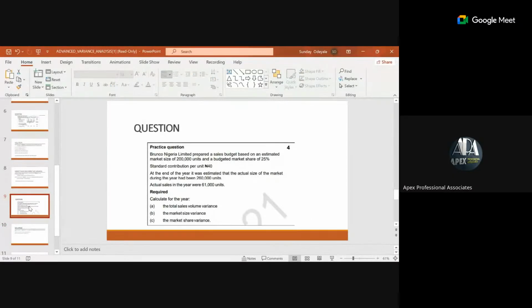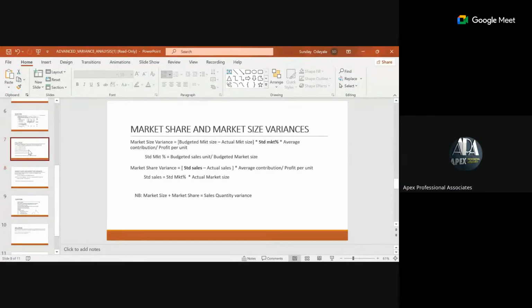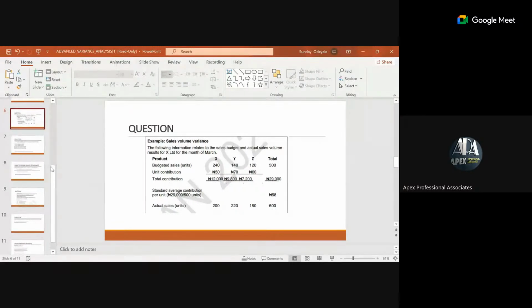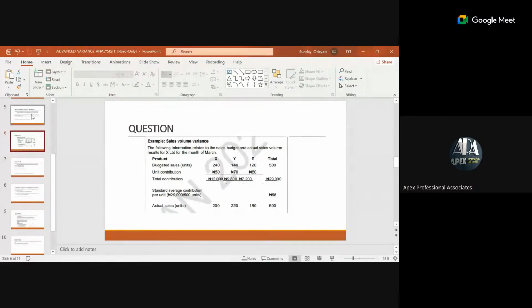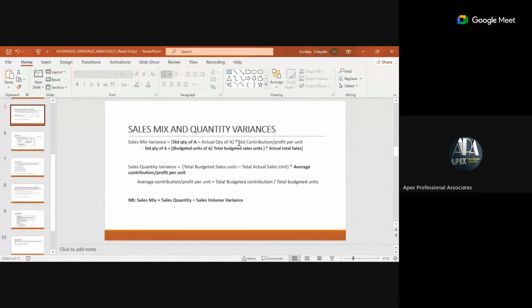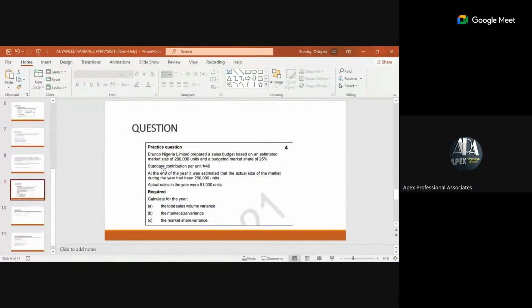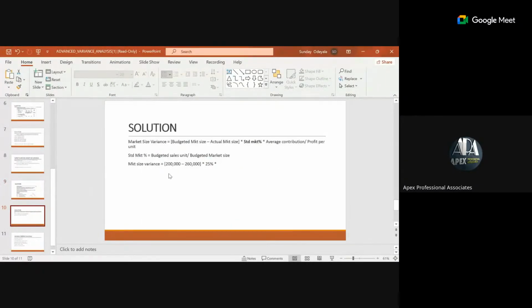Now, can anybody tell me why we are using standard contribution when I said here that there is a big difference? I think I said here that you should note that there's a difference between standard contribution and average contribution. And this question gave us just standard contribution, but we can still use it here.